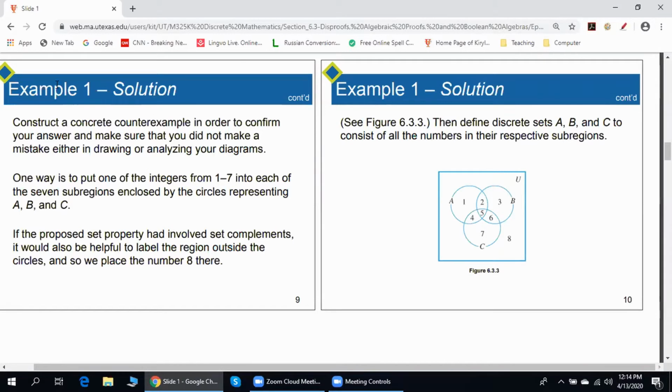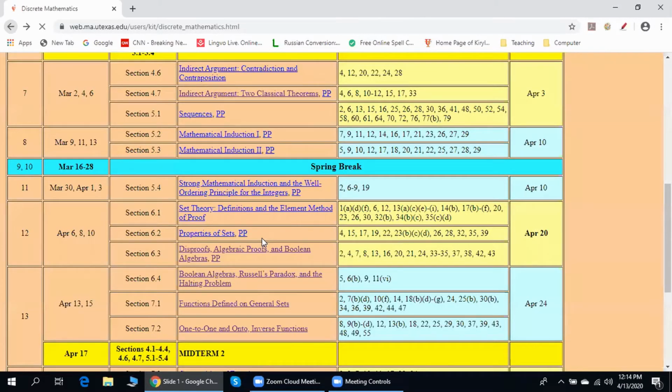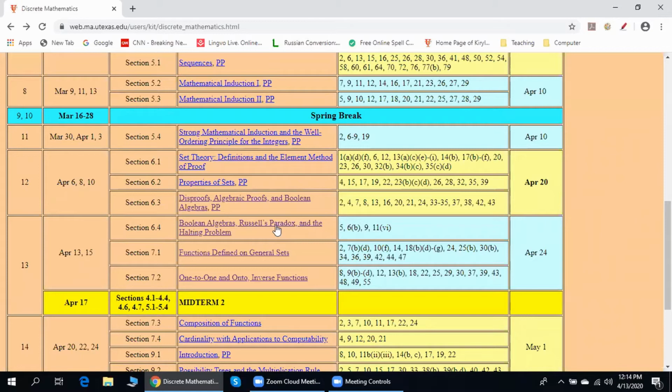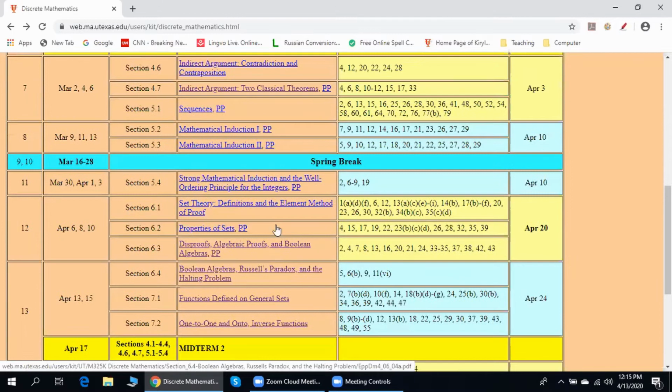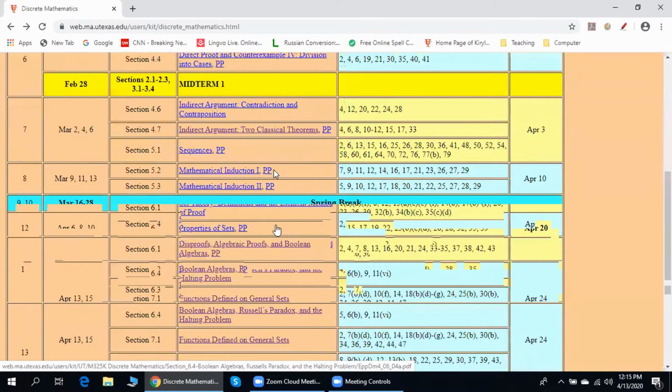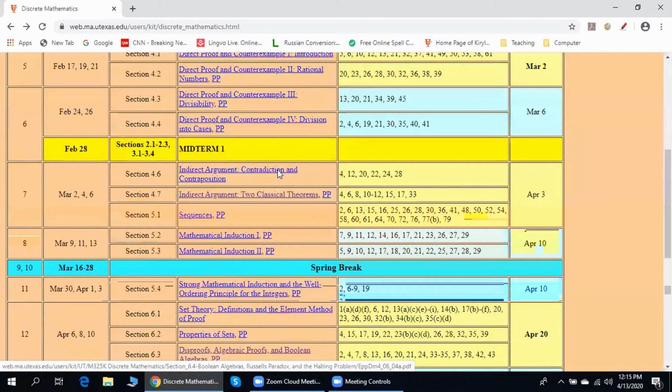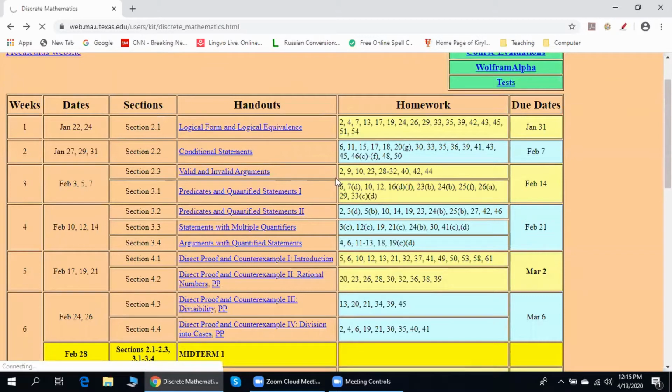Okay, next. Section 6.4. In 6.4, we discuss the following. Let us compare two tables. Let us first go back to section 2.1 and take a look at this table.